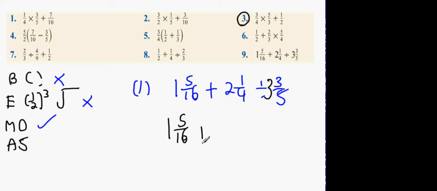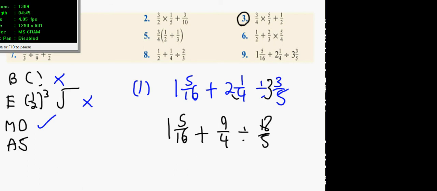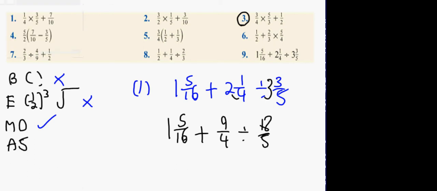Top heavy fractions. 4 multiplied by 2, 8 plus 1, 9. 9 over 4. 5 multiplied by 3, 15 plus 3, 18 over 5. What you do when you divide, Stephen, is turn the second fraction upside down.